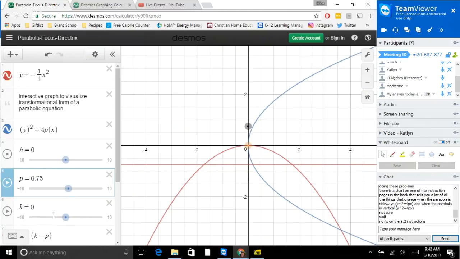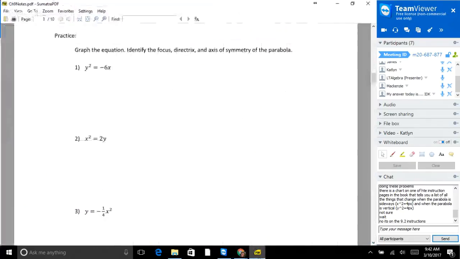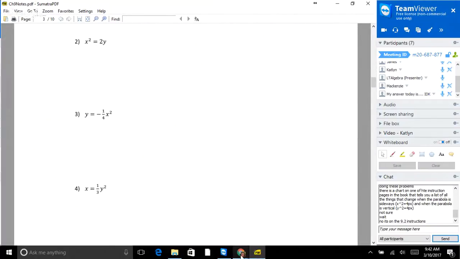And our equation was x equals 1/3 y squared.